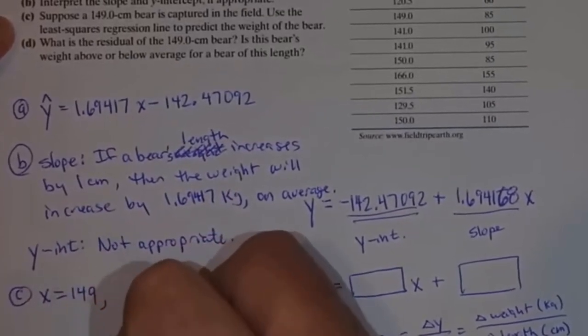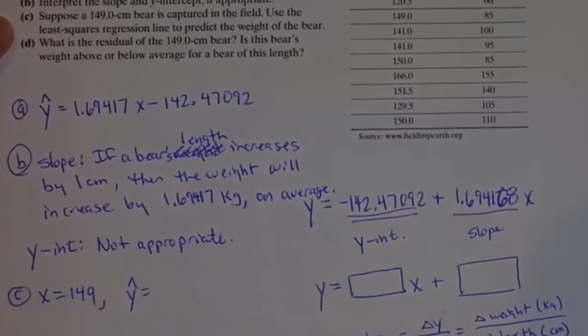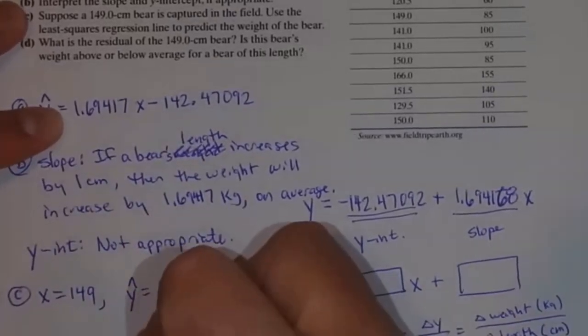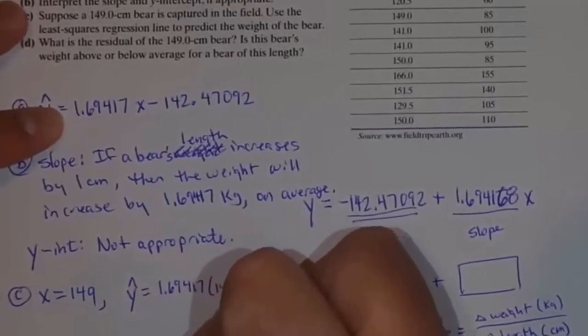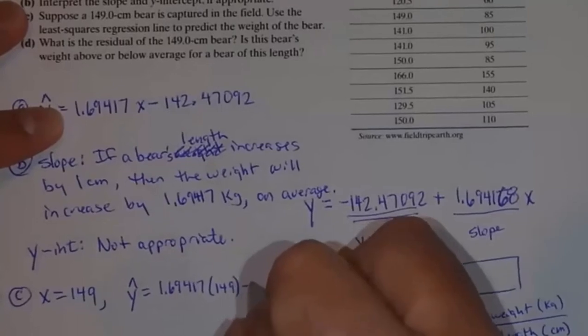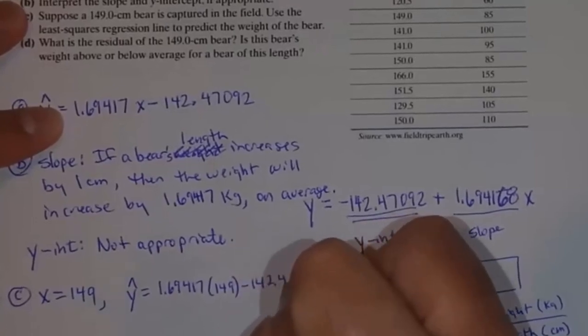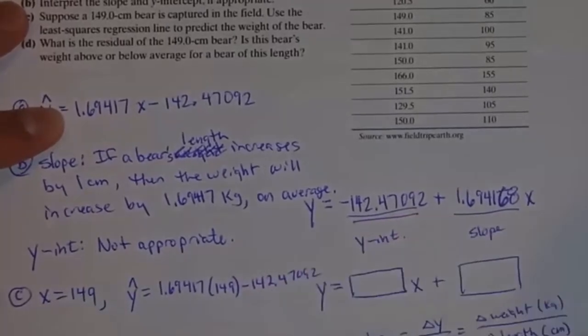So y hat would equal, use this or this, either one, y hat would equal 1.69417 times 149 minus 142.47092.